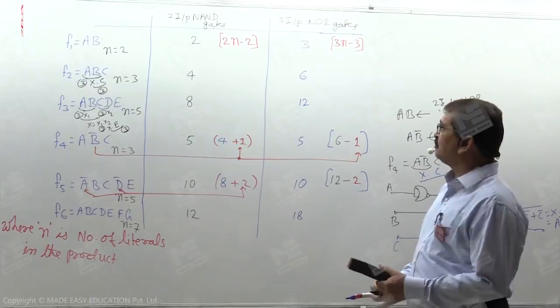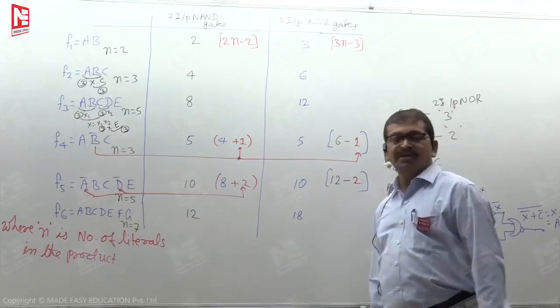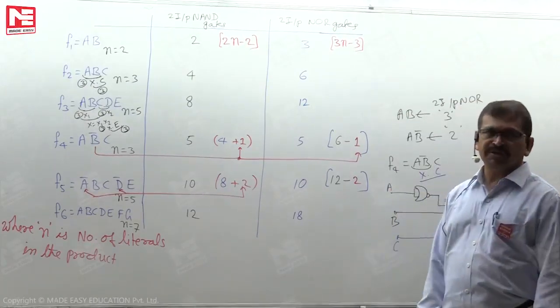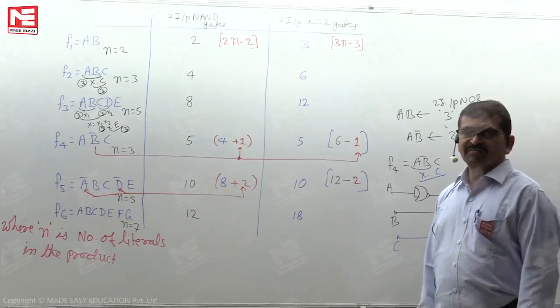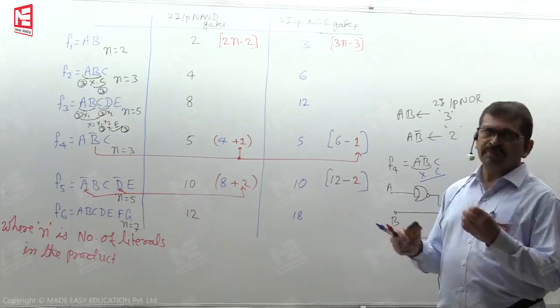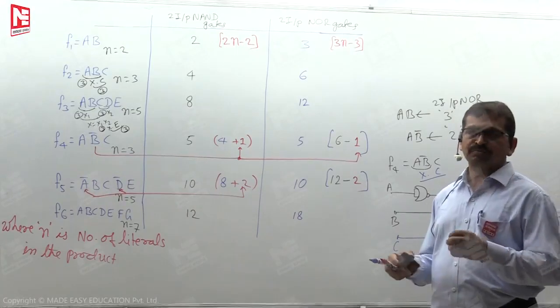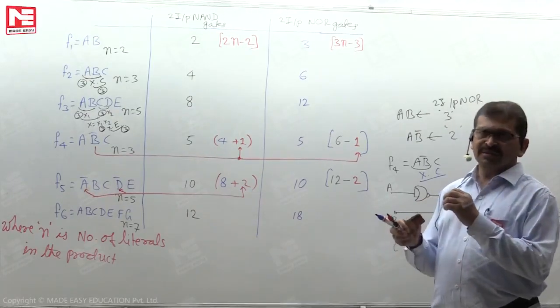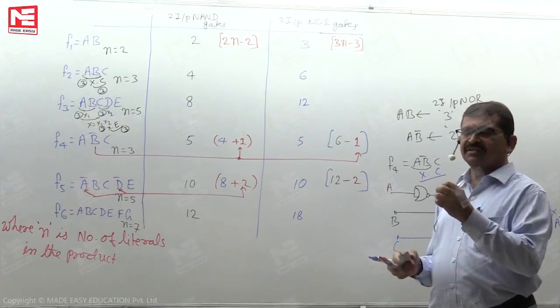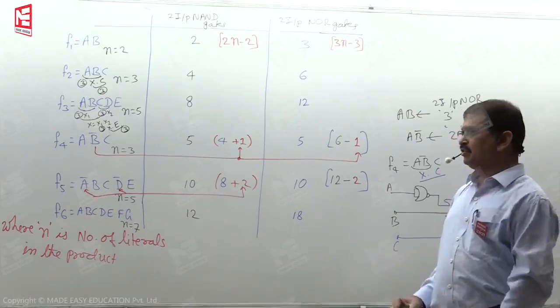So the conclusion is, whenever we are implementing single product terms with the AND gates, without any complement, it is only 2n minus 2. Whenever we are having complement, 2n minus 2 plus some k, where k is the number of variables which are with complements.